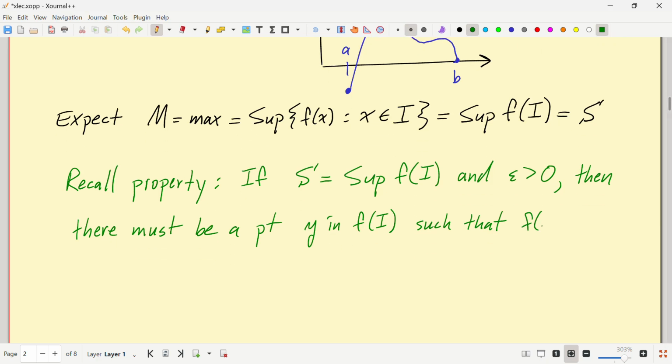y is greater than the sup minus epsilon. Okay, and we made a big deal out of that, and this was kind of equivalent to the property of being a sup, that you can do this for every epsilon.